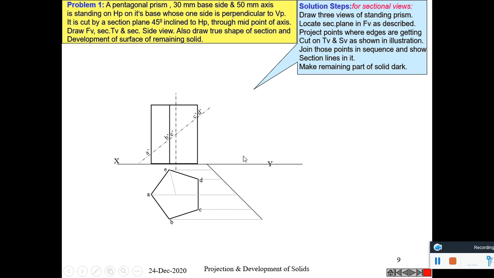So for drawing the left side view, this is projected to the right like this, and it is projected upwards, and these points are projected to the right side, and name the points.